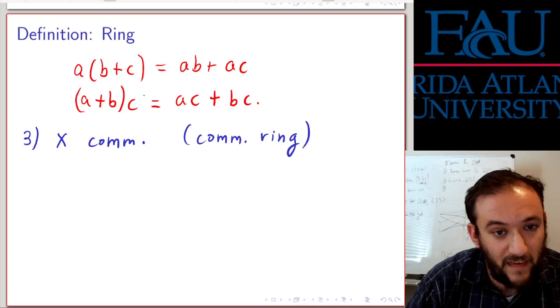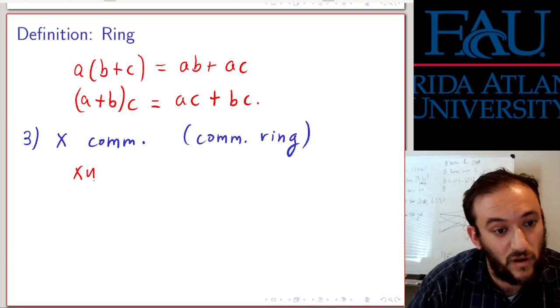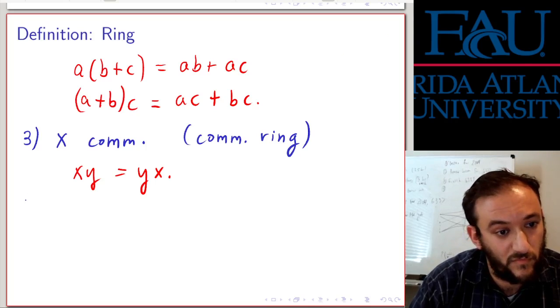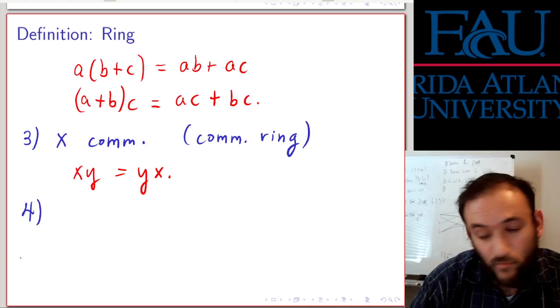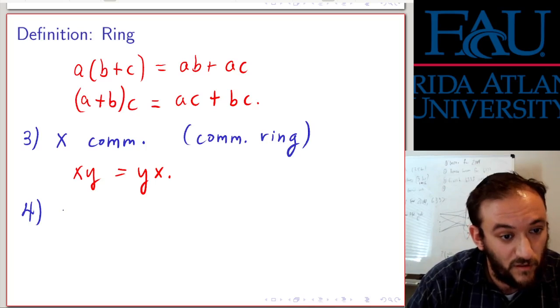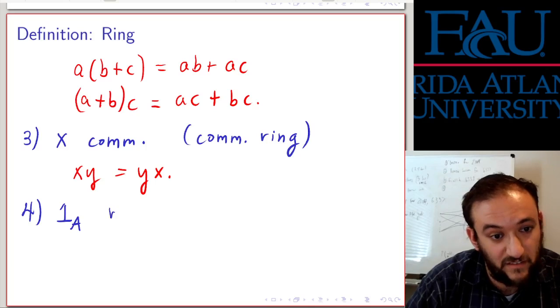And that means concretely that xy will be equal to yx, and we have an identity, a multiplicative identity element. So we have 1_A, which is a multiplicative identity.